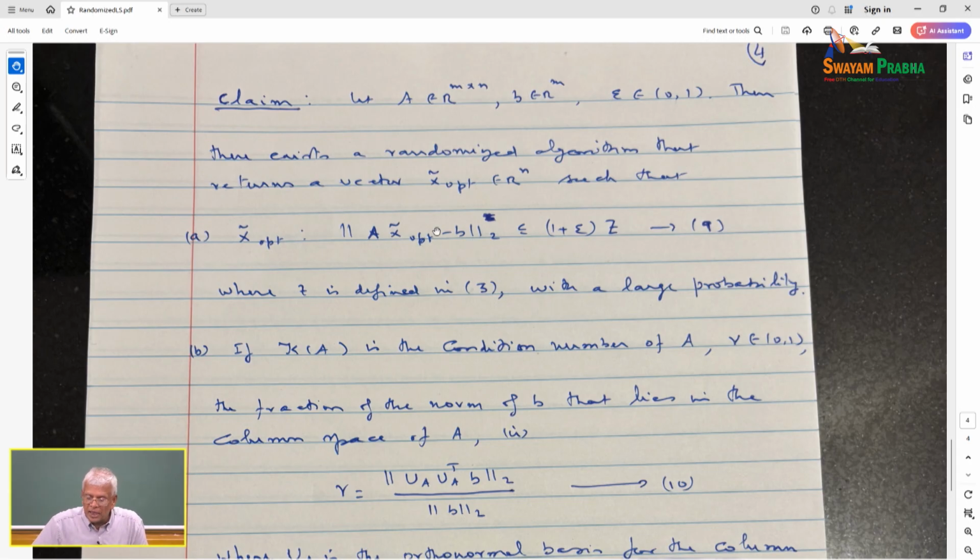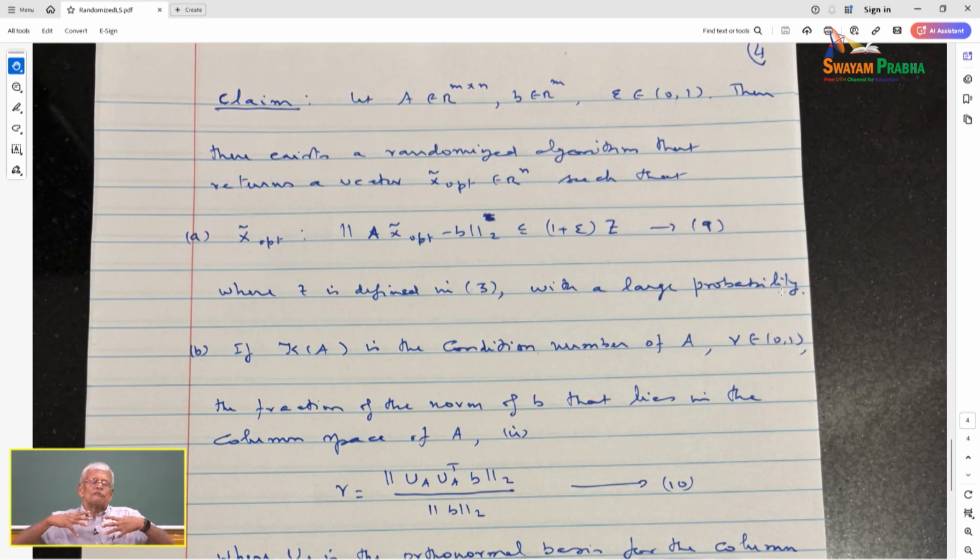I have to show that this square of the norm of the random variable is less than a positive quantity. That means there must be a probability associated with it. And what does it say? If Z is defined to be the optimum value of the residual, 9 will hold with a large probability. 9 will hold with large probability means what? There is a concentration involved in here.